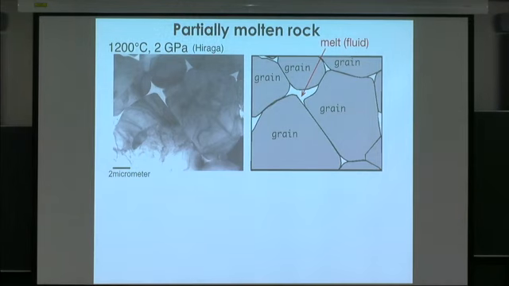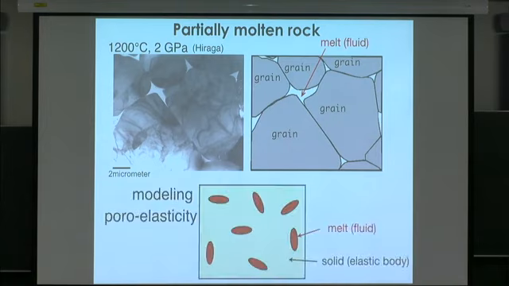And to calculate the effect of melt, partially molten rock was modeled by a solid-liquid composite system in which melt is treated as inclusions contained in a continuum solid phase. The elastic property of this model can be calculated by the poroelasticity theory.